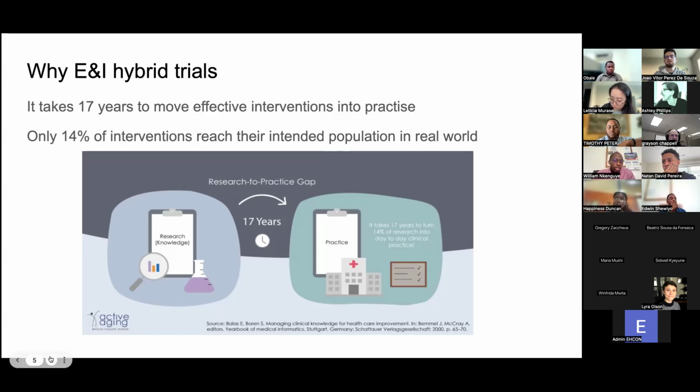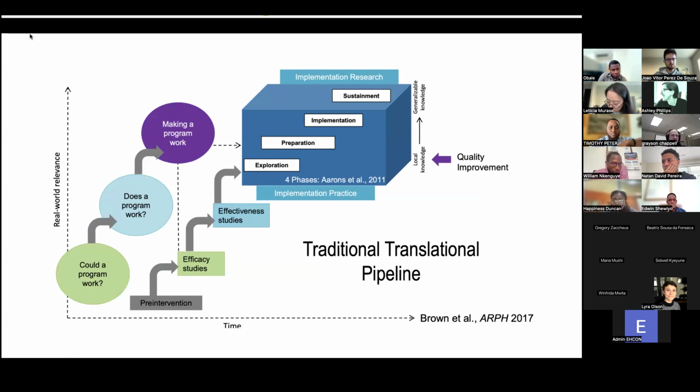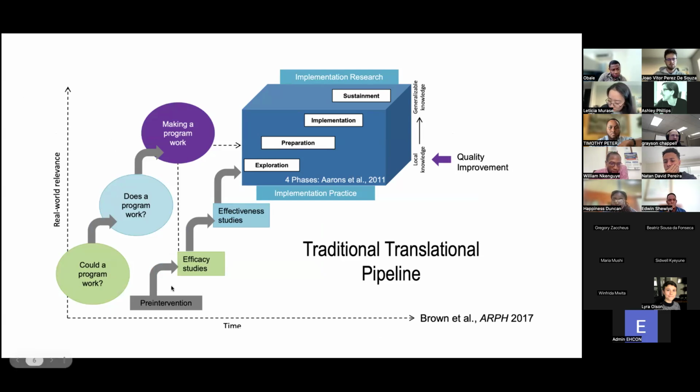And I'll show you in the next slide that this is what happens in the traditional translational research pipeline. You have a phase which we call the pre-intervention phase, where you're thinking, can this program work? And then you conduct efficacy studies. Efficacy studies are conducted in a controlled environment.